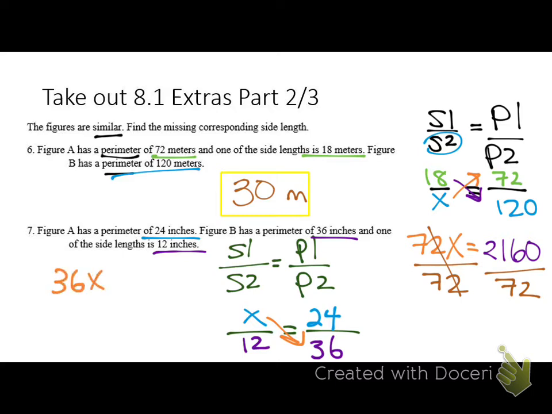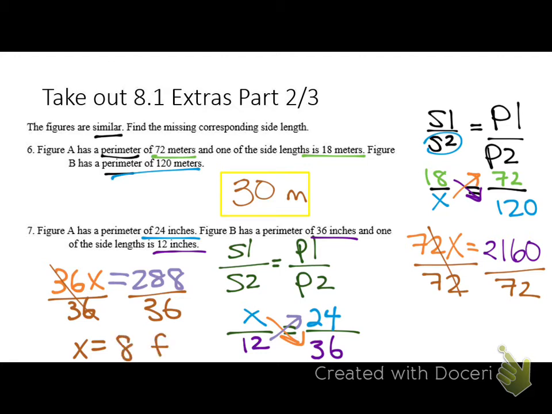We get 36x equals 288. Divide by 36. What is it? 8 feet. Perfect. No, 8 inches. 8 inches.